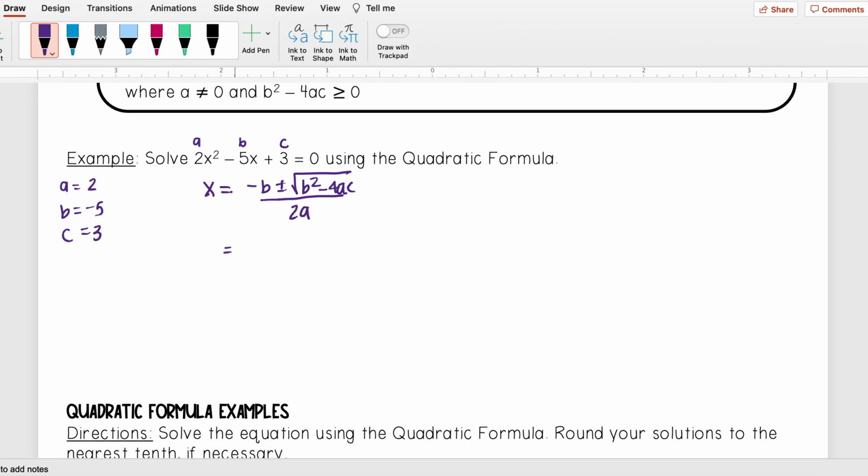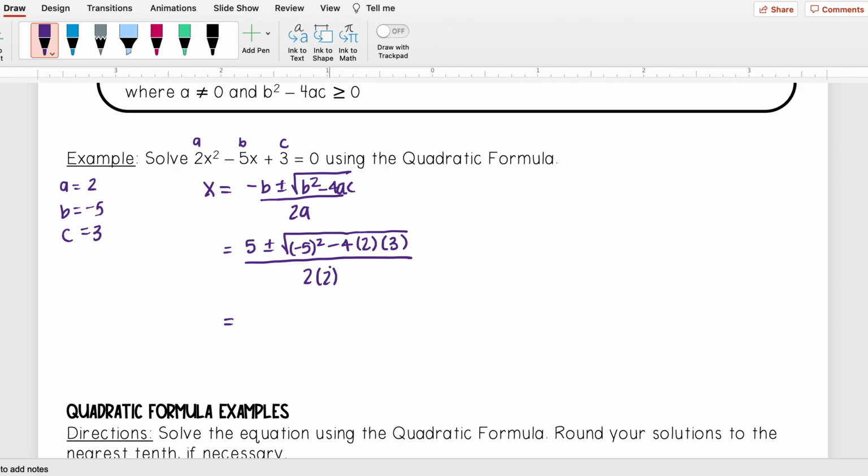So when I plug in b, my b is negative 5, so I really take the opposite sign of that, so it's going to be positive 5 plus or minus the square root of b squared, so negative 5 squared, minus 4 times a, which is 2, times c, which is 3, all over 2 times a, which is 2.